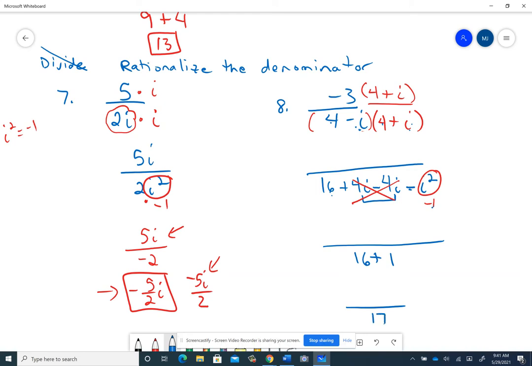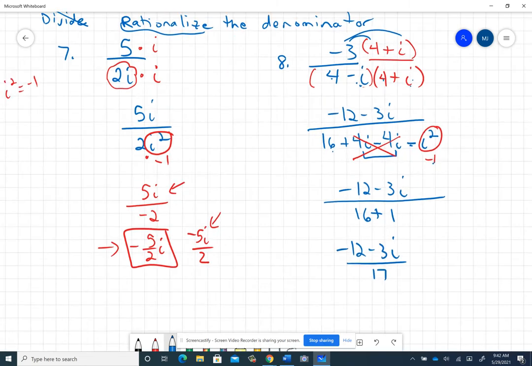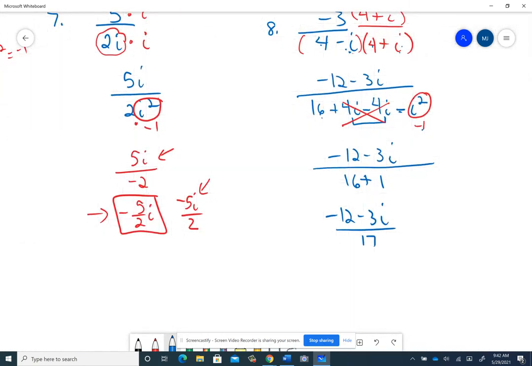That's why we did what we did, because we turned the denominator into a rational number. That's why it's called rationalize the denominator. Now, in the numerator, we could distribute that, and we'd get -12 minus 3i. So I'm just going to bring that down, because those aren't like terms. You can't combine them. And then normally I like my answers kind of left like that.